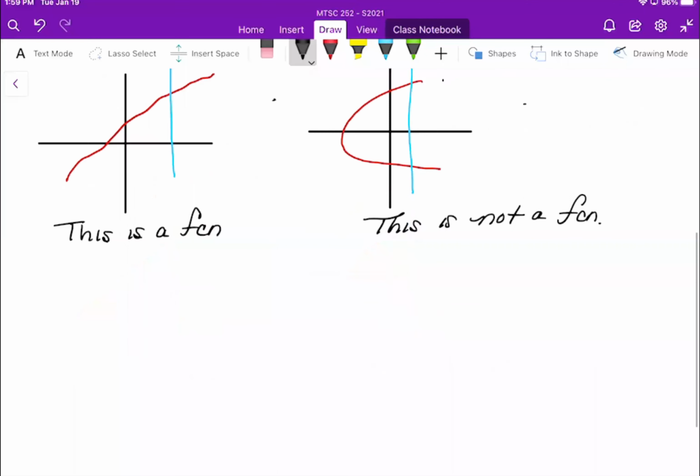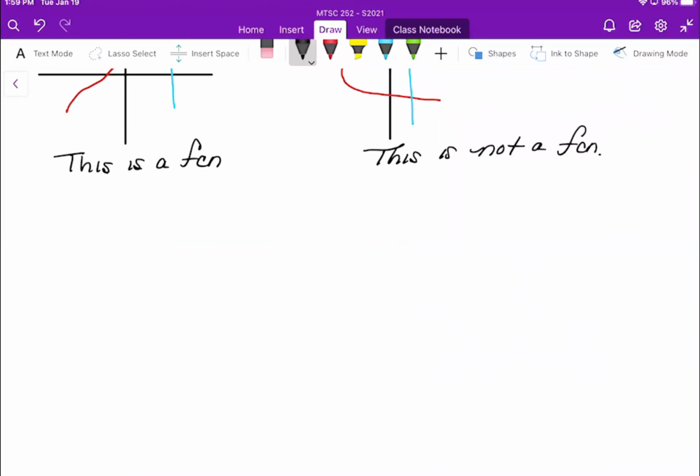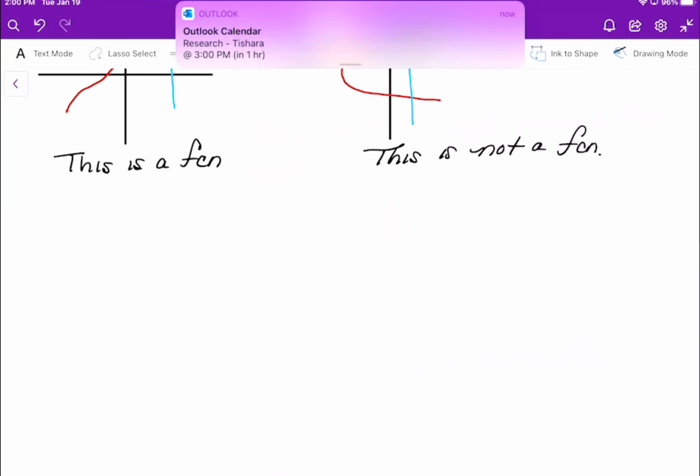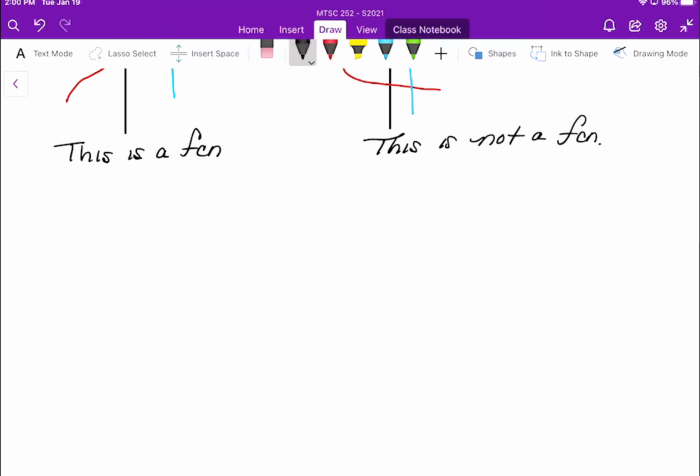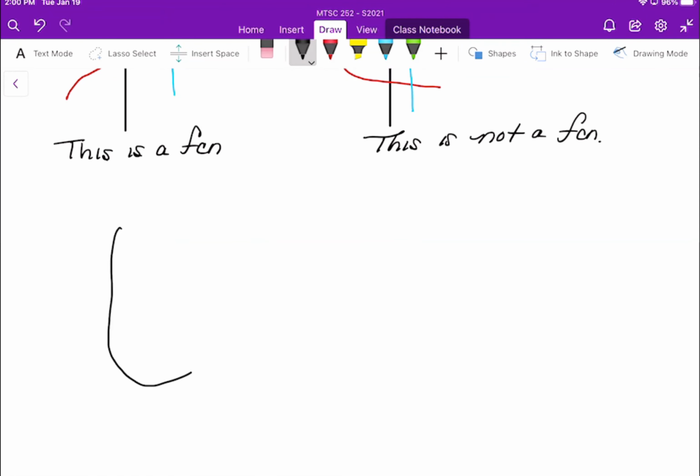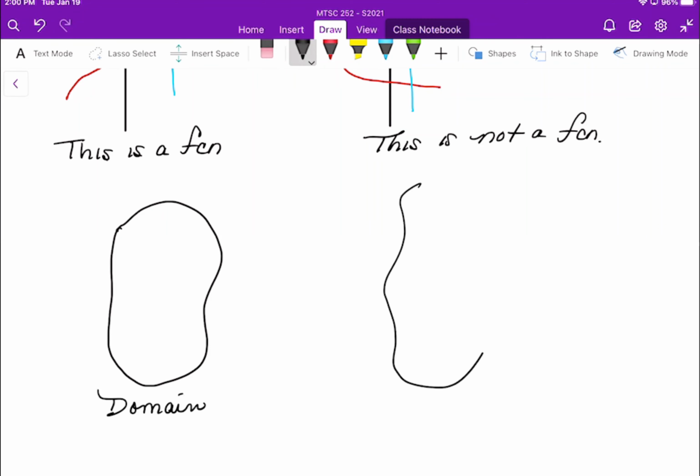Okay, so we now know basically what a function is. A function is just a mapping. It basically takes an x and sends it to a y. So we have some domain, and then we have some range.